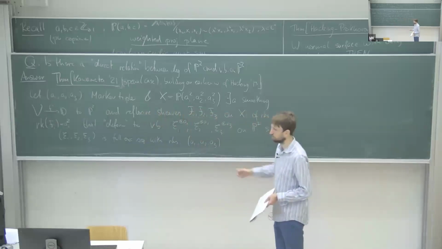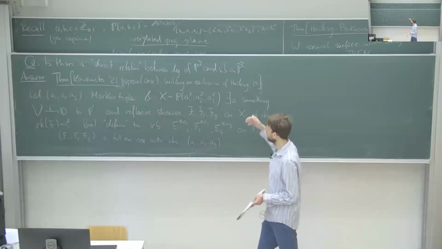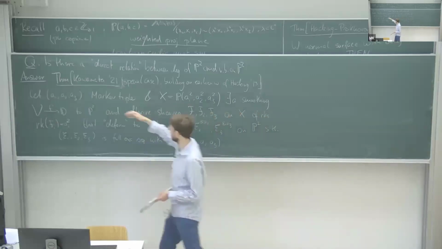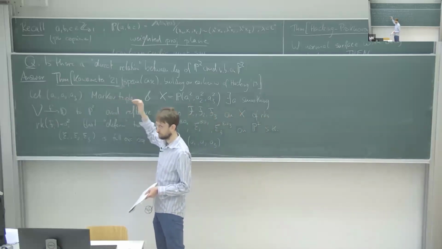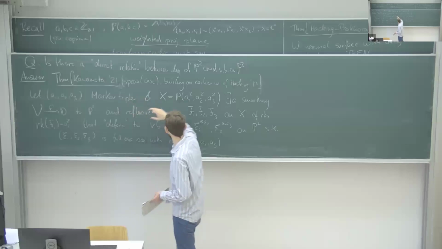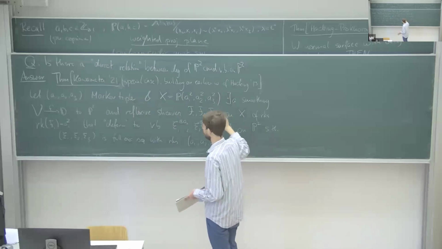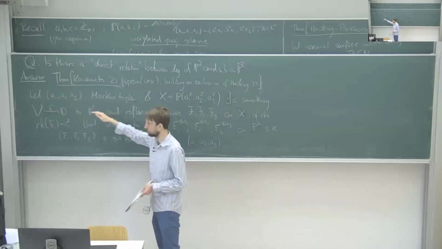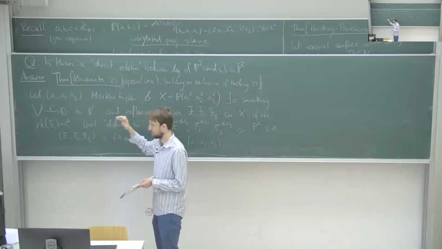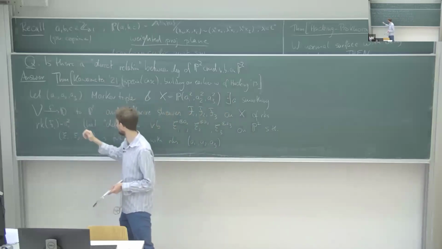Okay, so let's look at this. The starting point is this Markov triple. Then, given the Markov triple, we look at the corresponding weighted projective plane. Hacking-Prokhorov tell us that there exists a smoothing to P2. Then we might need to modify this family a little bit.